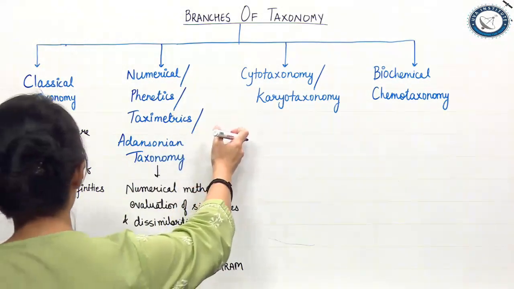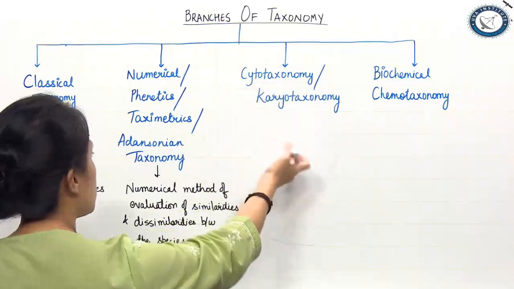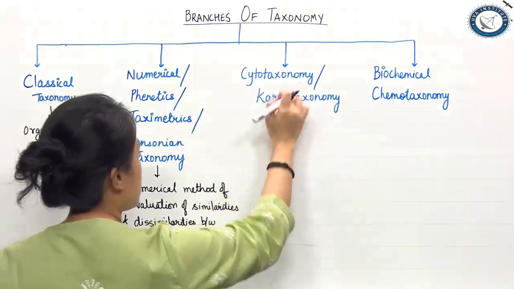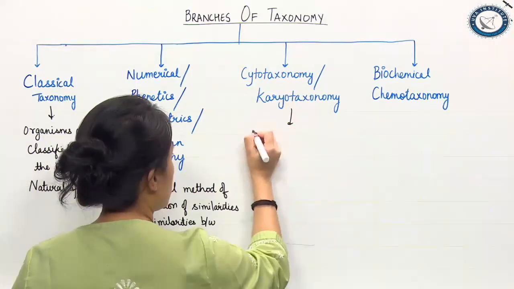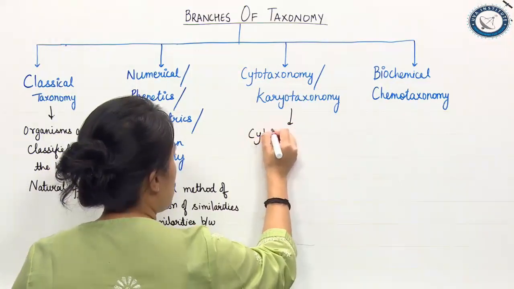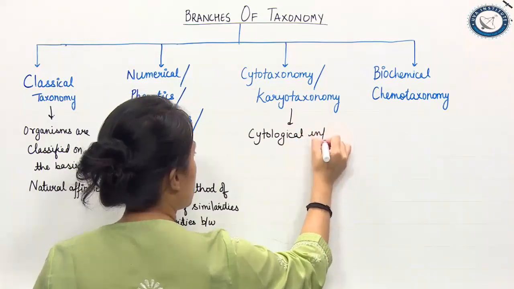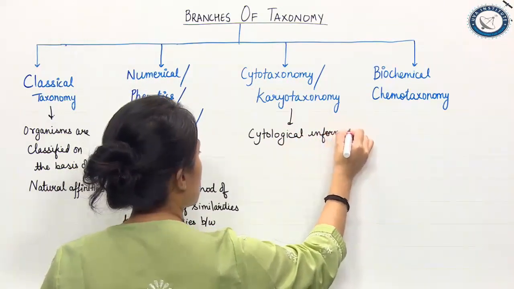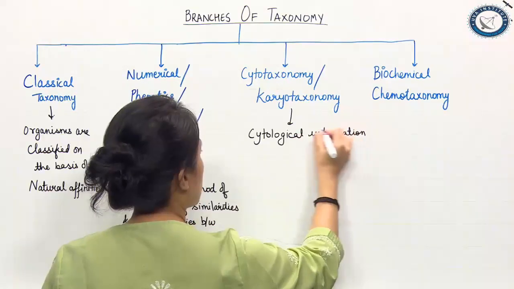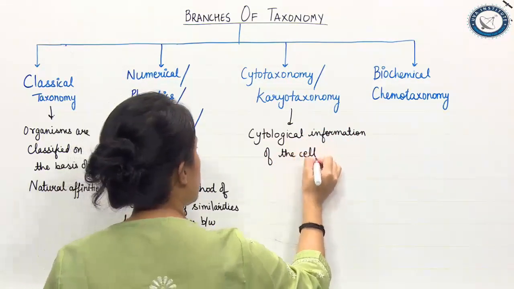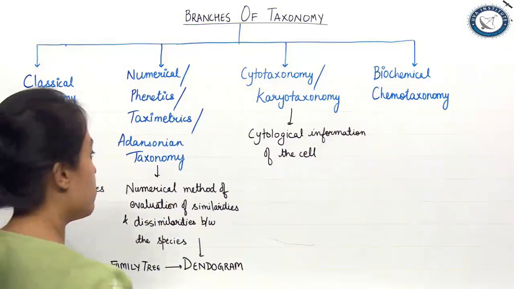Now we will be dealing with cytotaxonomy, which is also known as karyotaxonomy. As the name suggests, it depends on the cytological information of the cell. It deals with the cytological information of the cell.